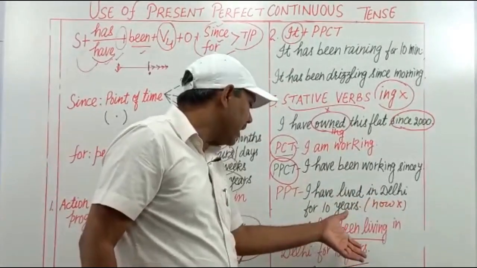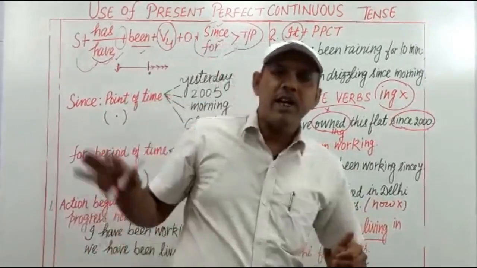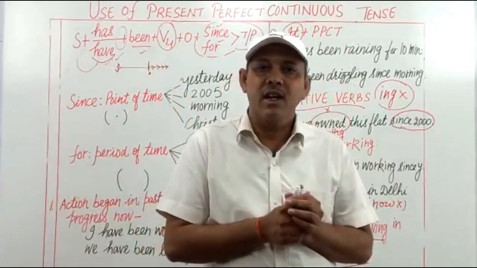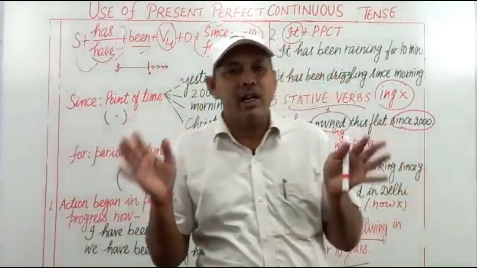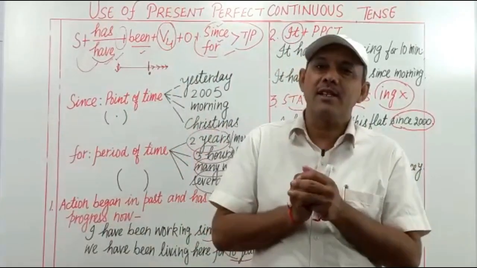In this way, we have understood the concept of present perfect continuous tense. We have learnt and discussed the uses of all the four types of tenses of present tense.